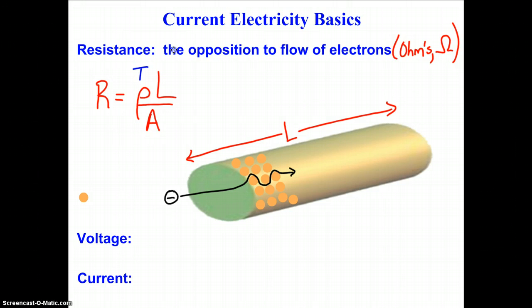So if you increase the length of the conductor, you're putting more atoms in the electron's path to get from one end to the other. From this logic, it should make sense to us that as length increases, resistance also increases. Our last factor that we're going to take a look at is cross-sectional area.